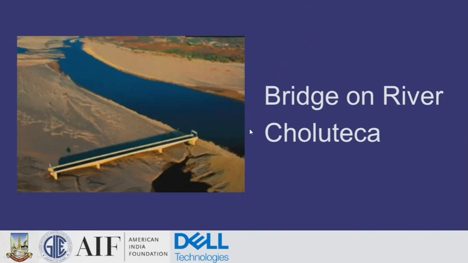So, bridges are normally built. We generally build bridges to cross an obstacle like a valley or a river, right? Or a small water body, right? But what problem do you find in this image? Anyone?